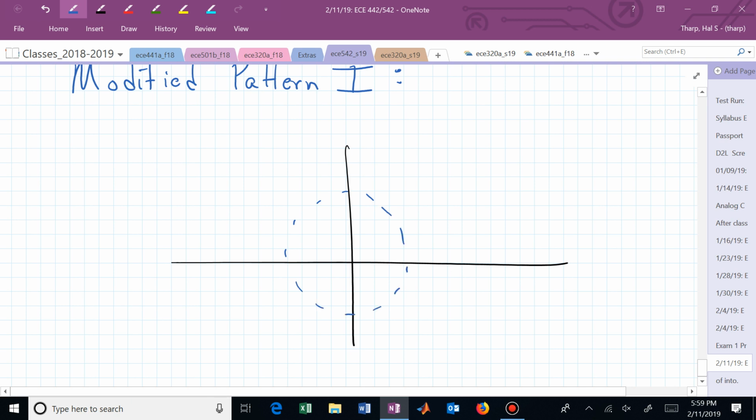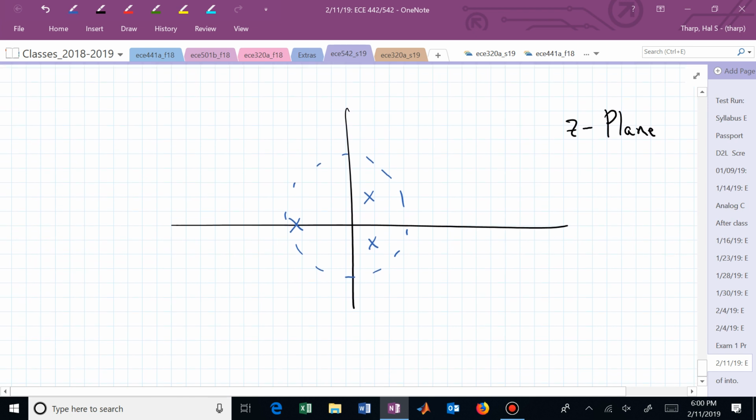It was something like this. It was the entire z-plane. Here is our z-plane with a circle in the middle, and all of our poles were in here. So let's say there's right on the boundary of the circle, and then we have poles there. The modification is we are not going to allow infinity to belong to our region of convergence.